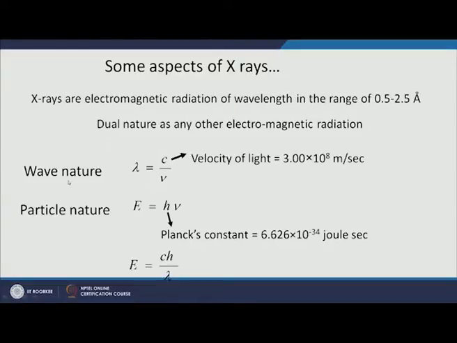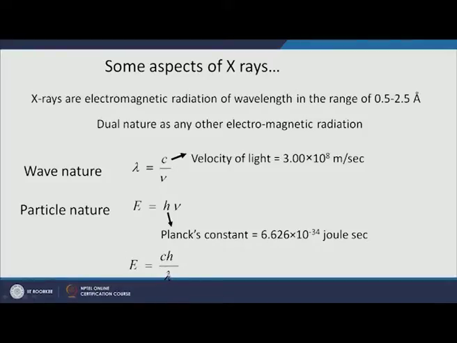It shows a wave nature, where wavelength can be related to the frequency with the velocity of light, or it can have a particle nature where you can give a quantum of energy to the X-ray photon, which is again related to the frequency with Planck's constant. The value of Planck's constant is also given here, and you can combine both the particle nature and wave nature, and now relate the wavelength with the energy.